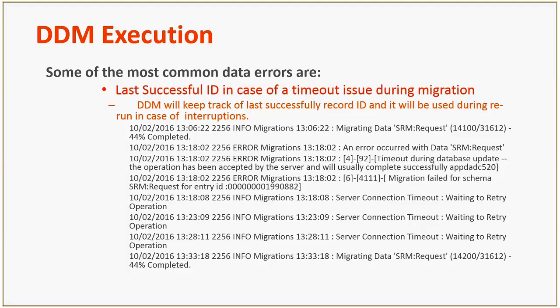Let's say it timed out at the SRM request form, and there are other forms after it. Till SRM request, it'll skip all the forms which are already migrated successfully. It'll come to the SRM request form, pick up the last ID, continue, and then complete the migration for the rest of the forms.